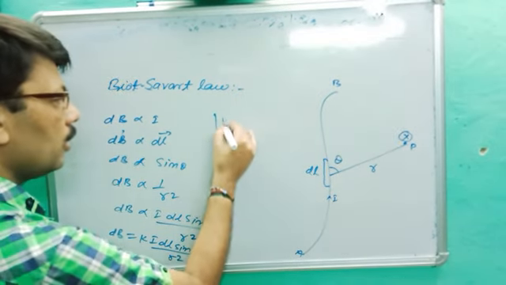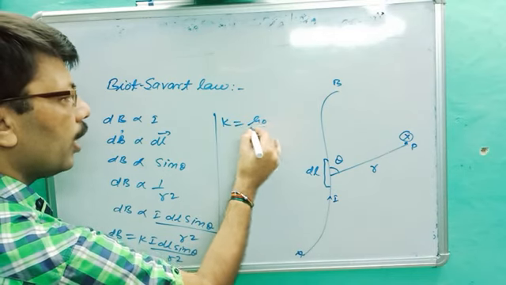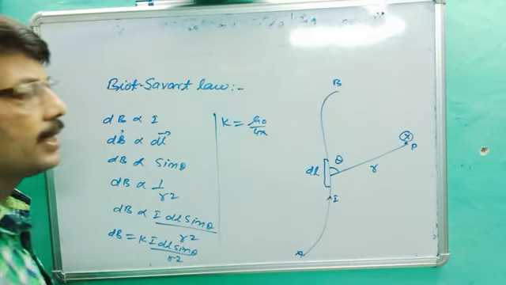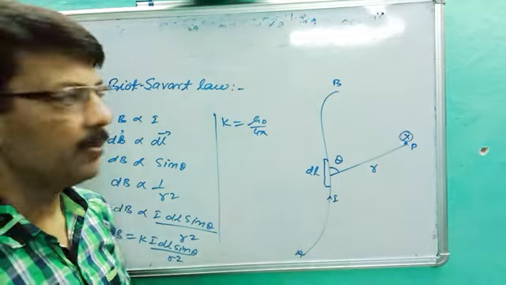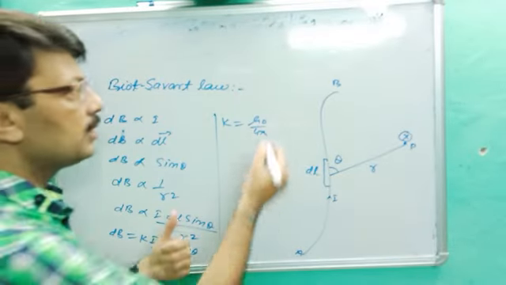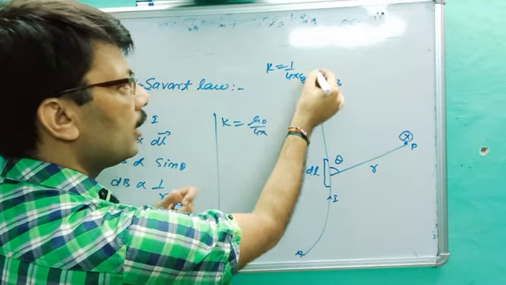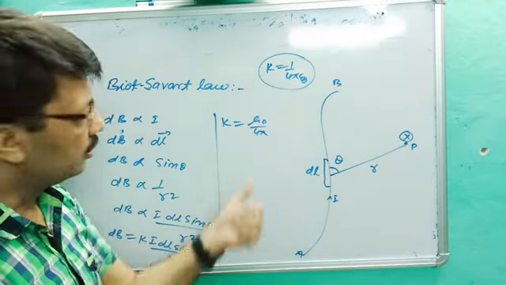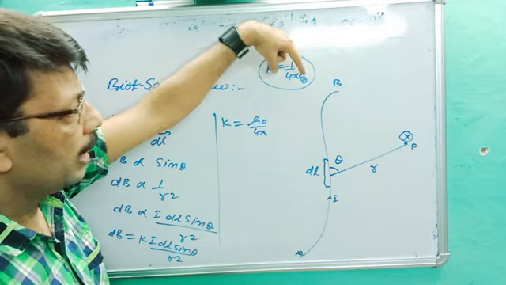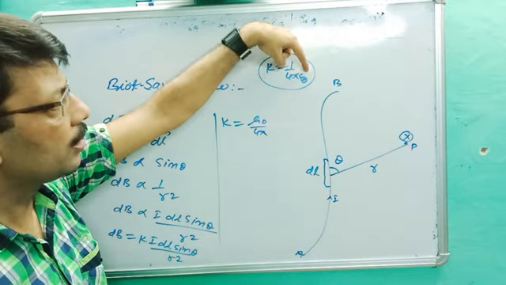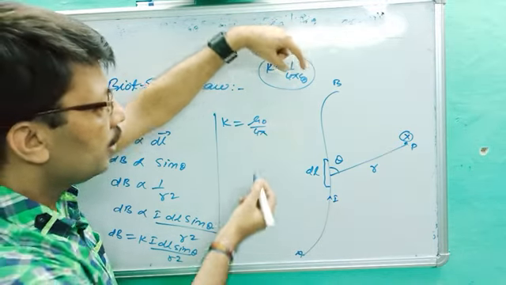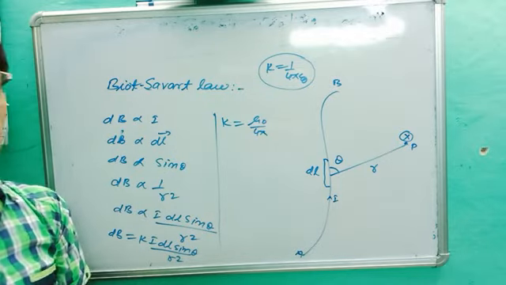But K is equal to mu naught upon 4 pi, where mu naught is the absolute permeability. It is like K is equal to 1 upon 4 pi epsilon naught, that was the electrostatic constant. This is the magnetic constant. Here epsilon naught was the electrostatic permittivity, and here mu naught is the absolute permeability.